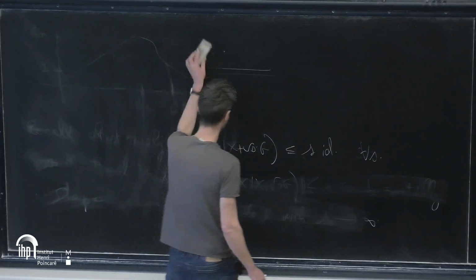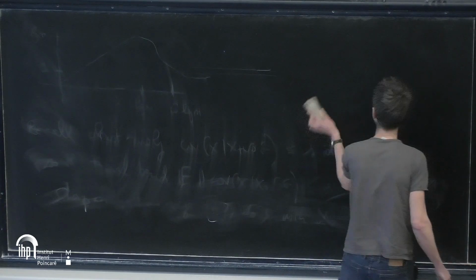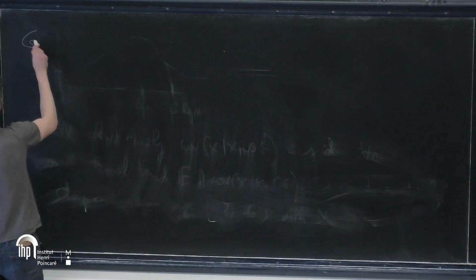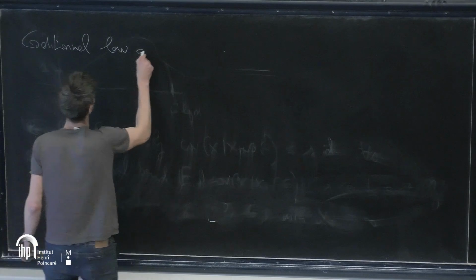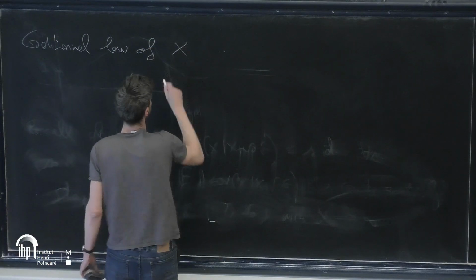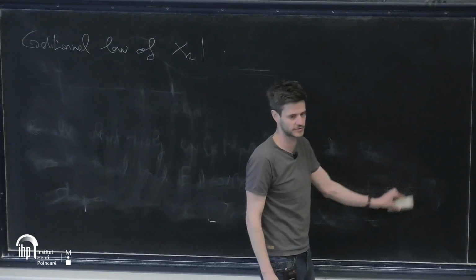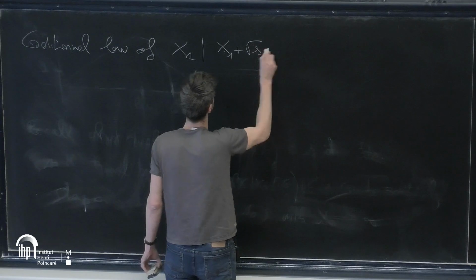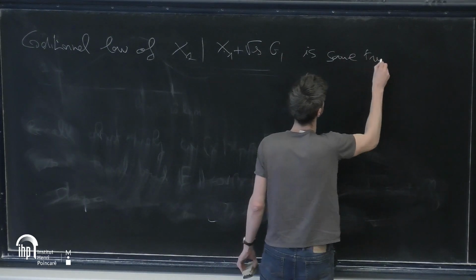Then you have some computations to do. I will spare some of the details. So the conditional law of x1, I'm only thinking in one dimension for now, conditioned on x1 plus square root s g1, is some truncated Gaussian.